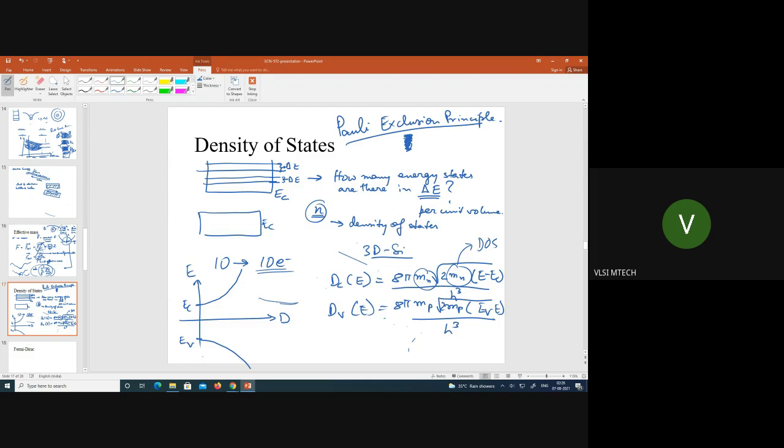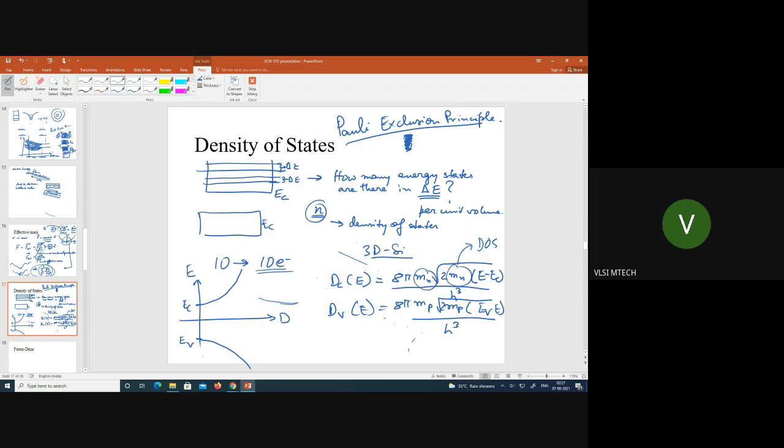There is one other thing that determines how many electrons can be in the conduction band. One is obviously the density of states, which is how many states are available. The other thing is the probability of that electron sitting in that chair or going to that state. We know that natural systems go to the lowest energy state.